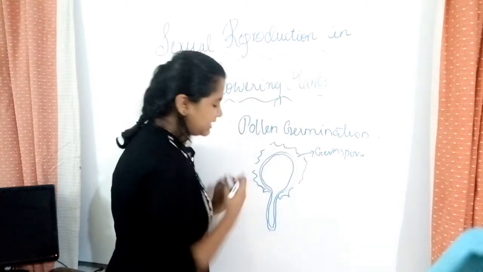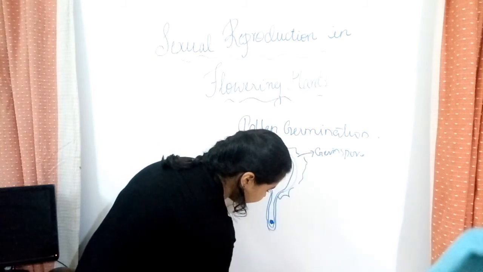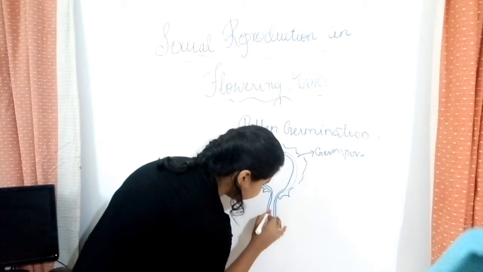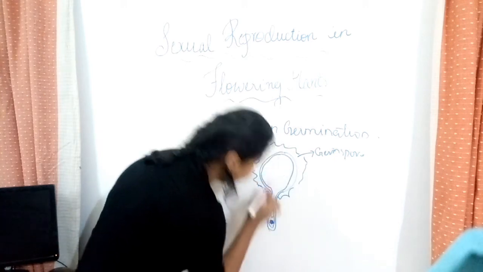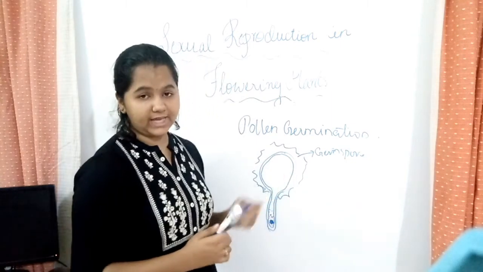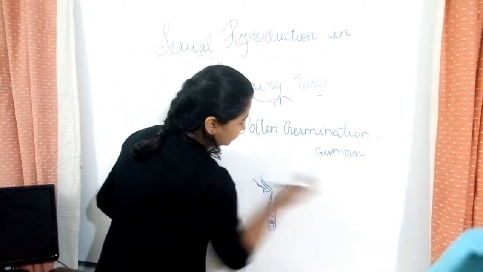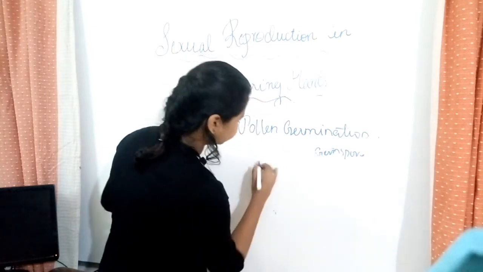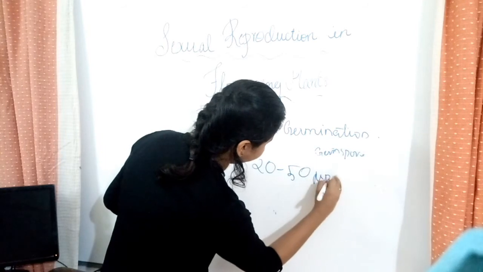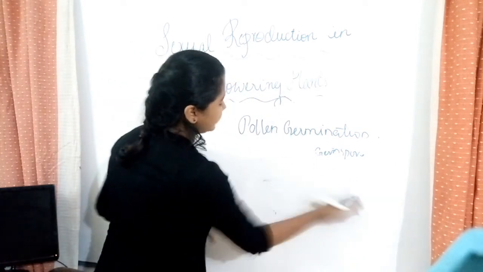The cell content, the big nucleus, the male gametes, the cytoplasm, everything will come to the end. This is what is called germination. And then the size of a pollen grain varies from 50 picometer. Okay, so this is the size.